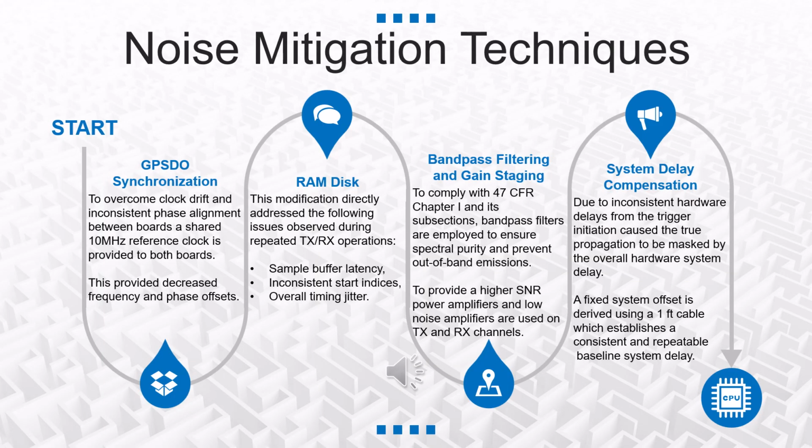So there were several noise reduction methods used in this project that weren't directly for reducing the noise of transmitting and receiving, such as using the GPS disciplined oscillator. That helped to overcome clock drift and inconsistent phase alignment between the master and slave modules. Also, the RAM disk was used to reduce latency issues that had to do with the startup time.